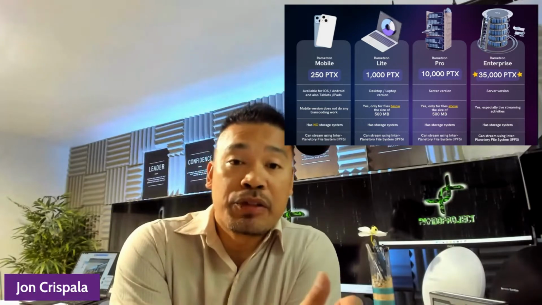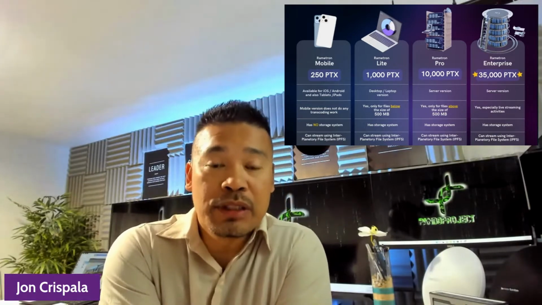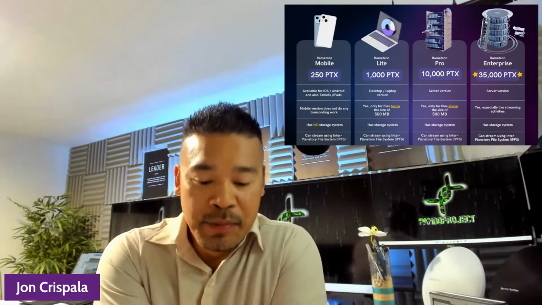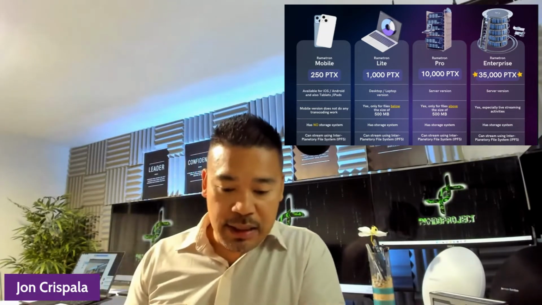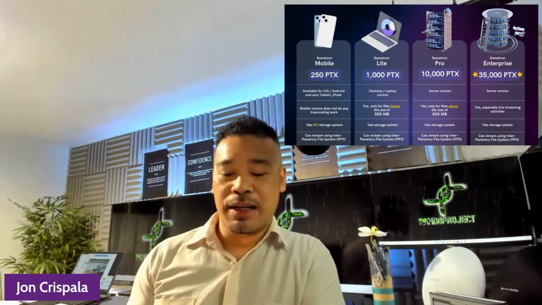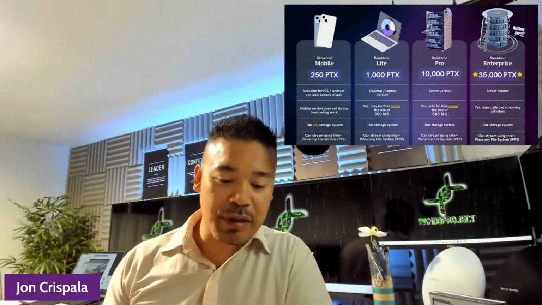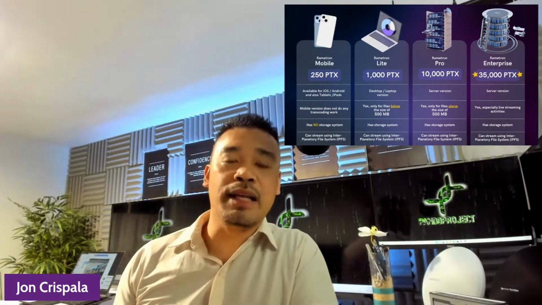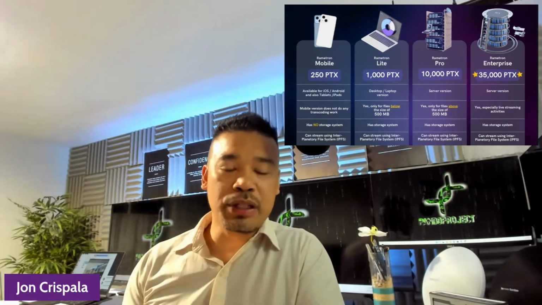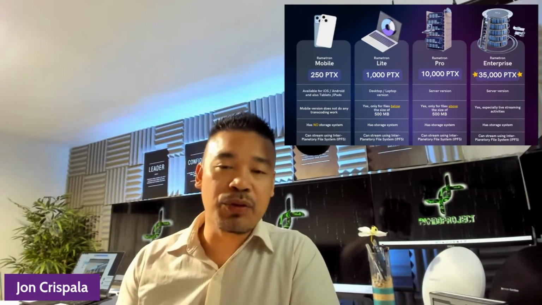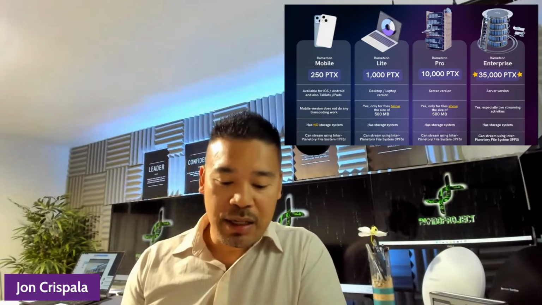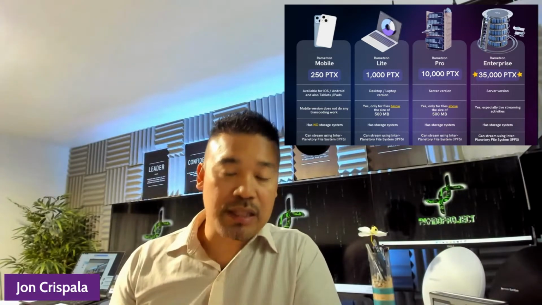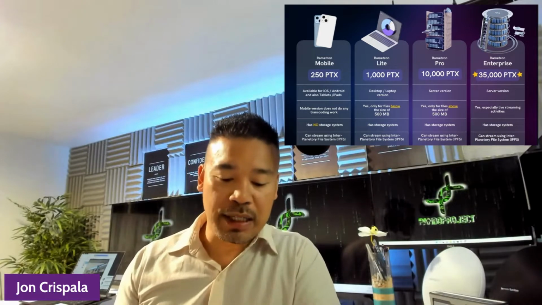And then we have the Ramatron Pro, and then of course we also have the Enterprise. So the mobile is like the super lightweight. It doesn't carry much heavy load data, but it's geared more towards the streaming aspect, like the live streamers. But it doesn't do any transcoding, anything of that sort.